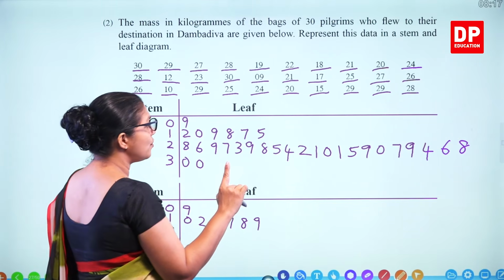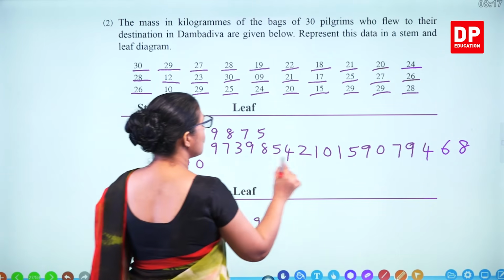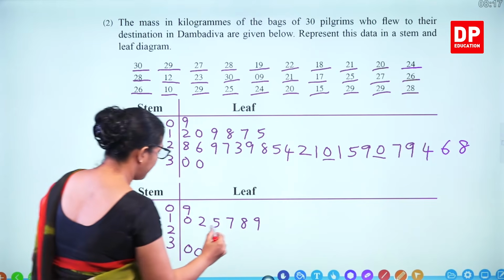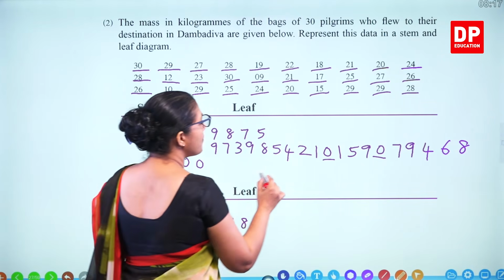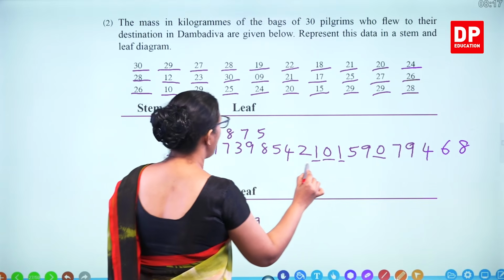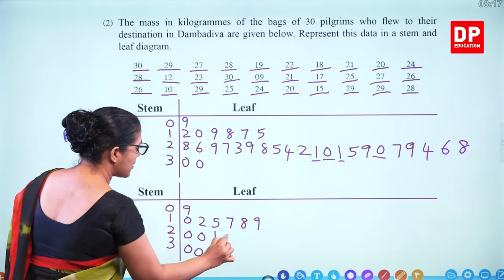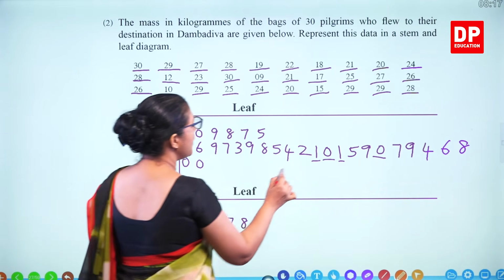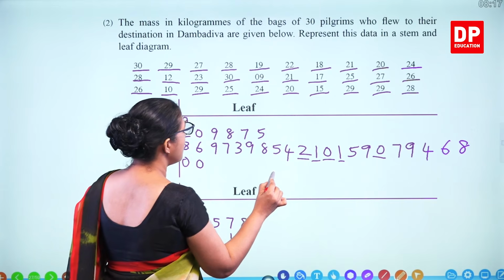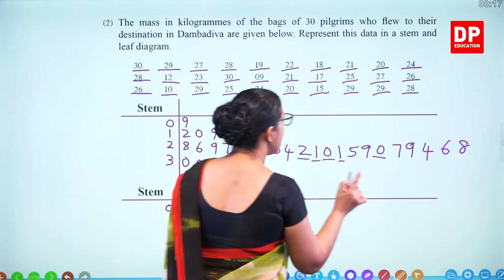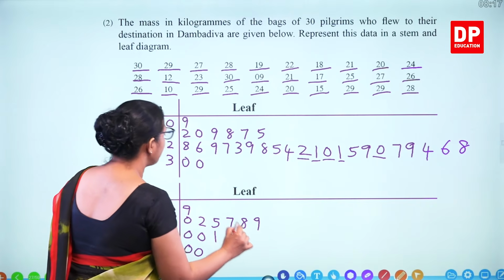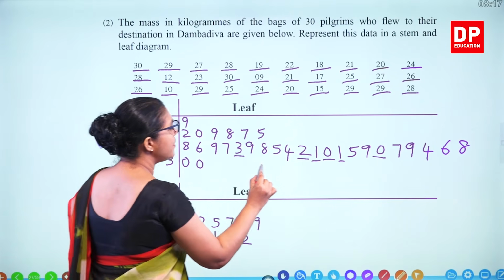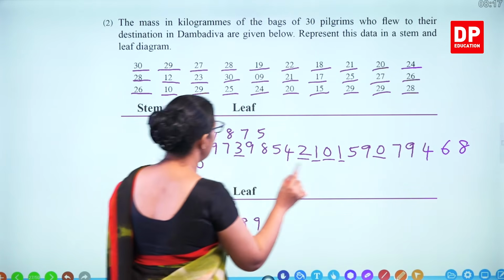You have to rearrange properly. So 2 zeros, then 1, 2, 2 ones, then 1, 1 twos, then 3, 1 only.